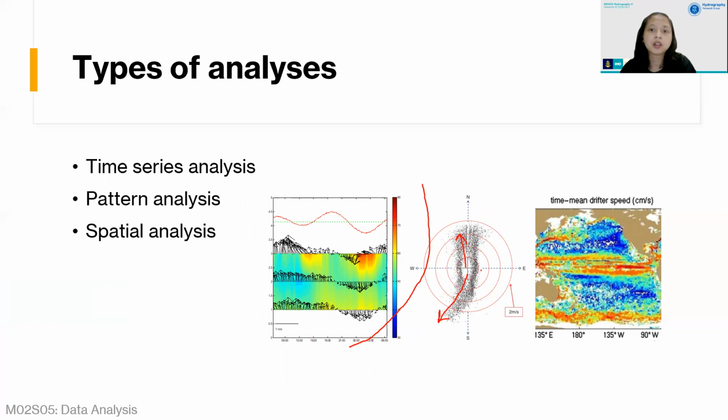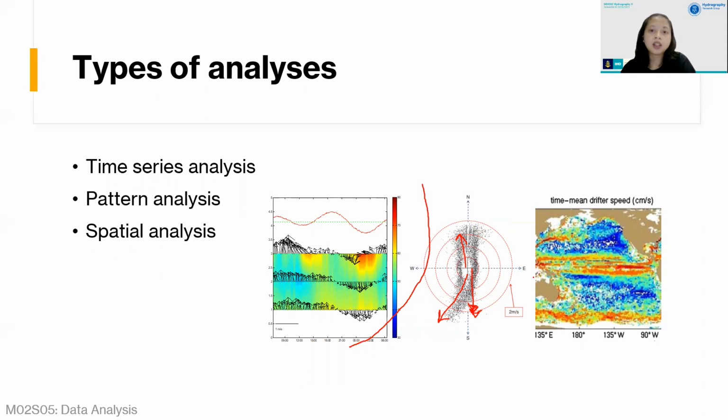Also interesting to see here is the scale itself. The furthest circle here is 2 meters per second. So you can imagine the velocity here is quite huge.